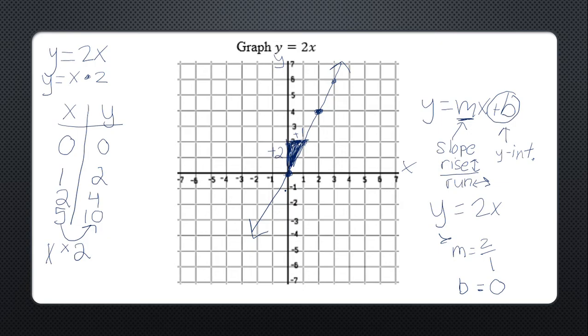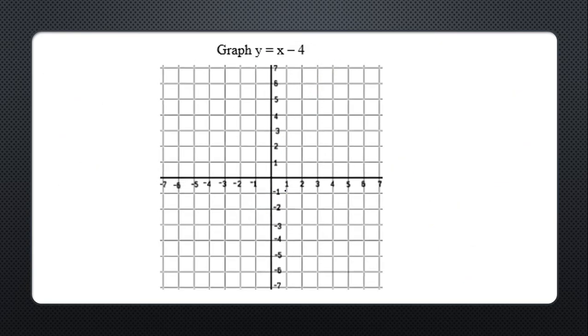Let's look at number 2. All right, now if we're going to graph this line, let's look at what the rule says. Well, I'm basically subtracting 4 every time. I'm taking whatever x is and I'm subtracting it by 4.